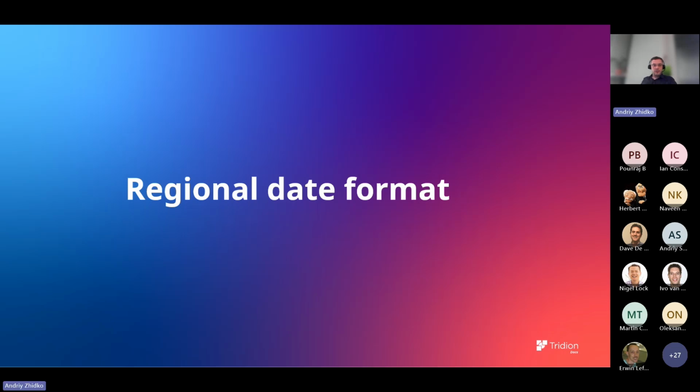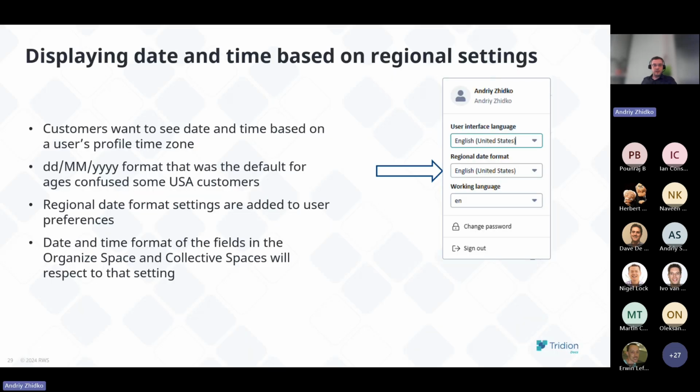Let's also talk about regional date format. All customers will benefit from this improvement, although it's valid to say that it is asked for a lot by US customers, since the date format that we use by default is confusing for them.